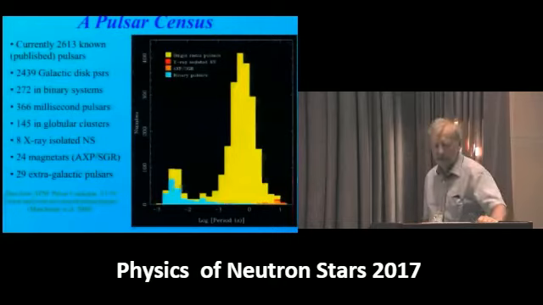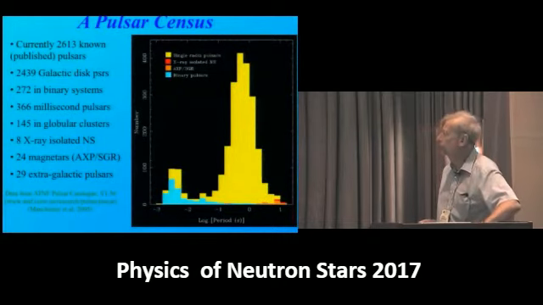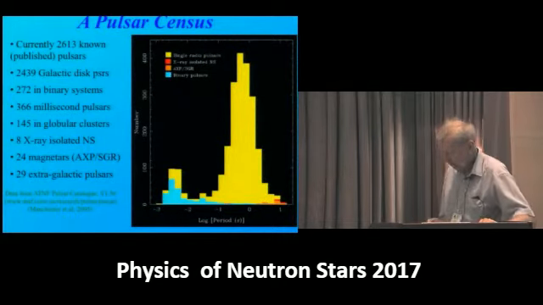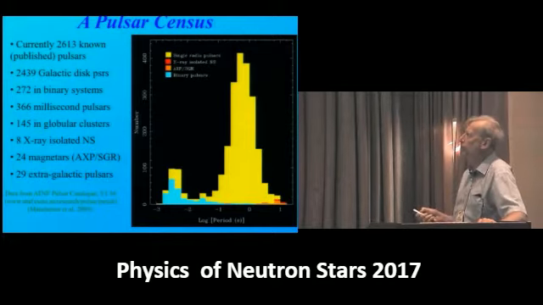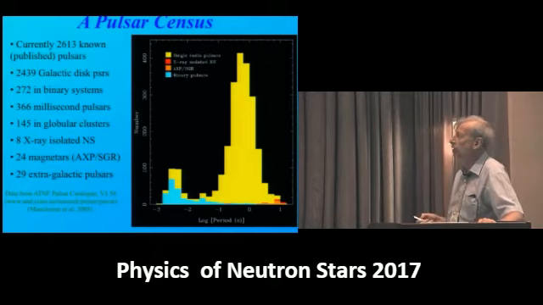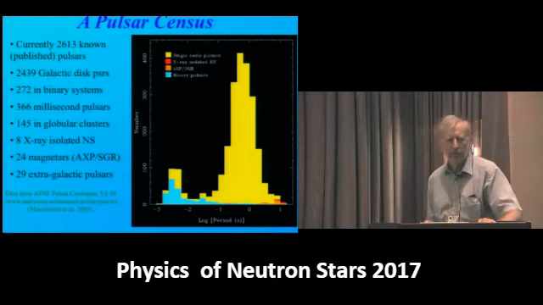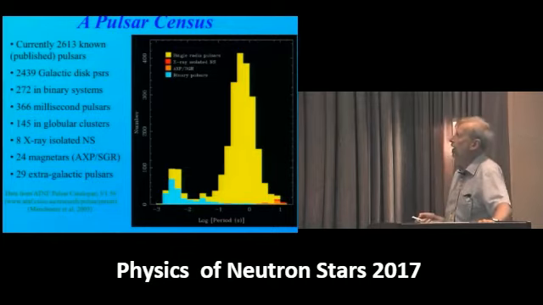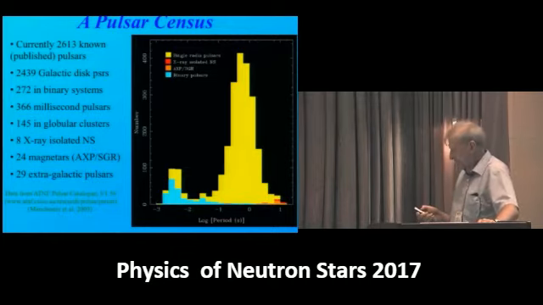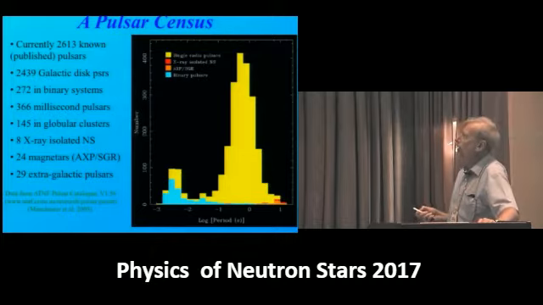So this is the observed period distribution for pulsars. There's currently about 2,600 pulsars known. Almost all of those are in the galaxy. There's 29 extragalactic pulsars, all of which are in the Magellanic Clouds. As is well known, the pulsars go into two groups, millisecond pulsars and normal pulsars.